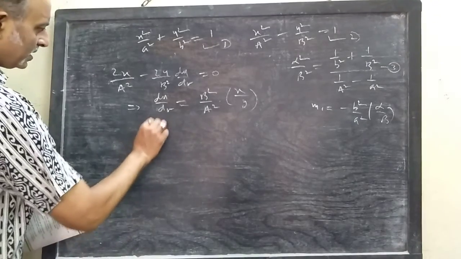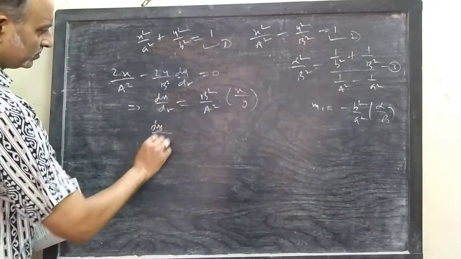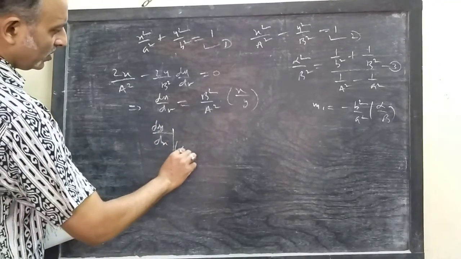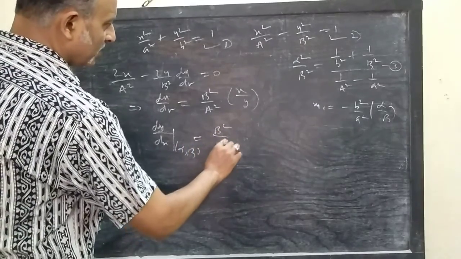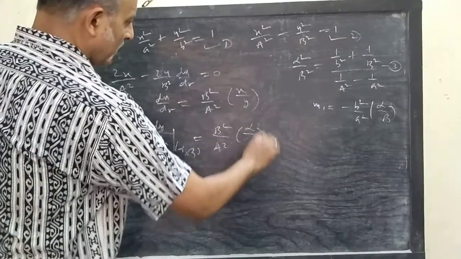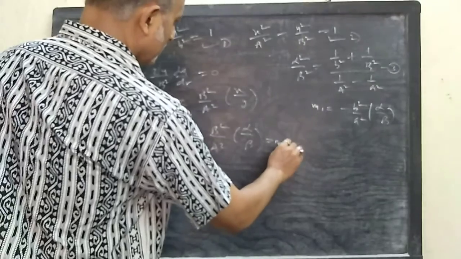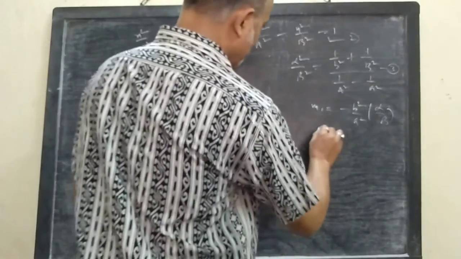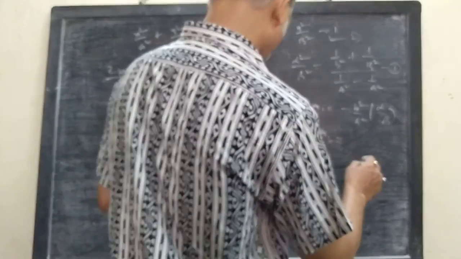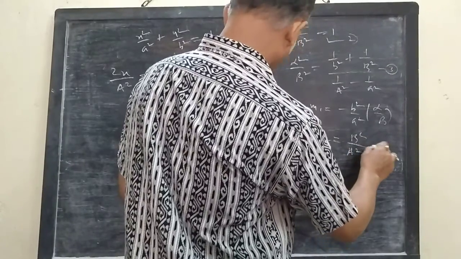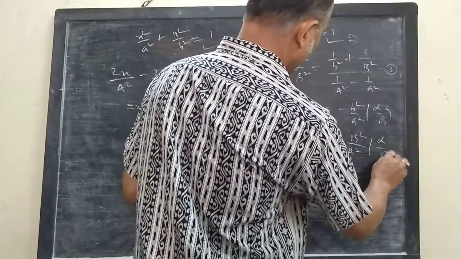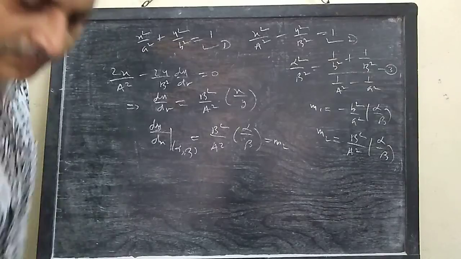Therefore dy/dx at the point of intersection (alpha, beta) will be capital B square by capital A square into alpha by beta. We consider it as m2, say. Writing the result here: m2 equals capital B square by capital A square into alpha by beta.